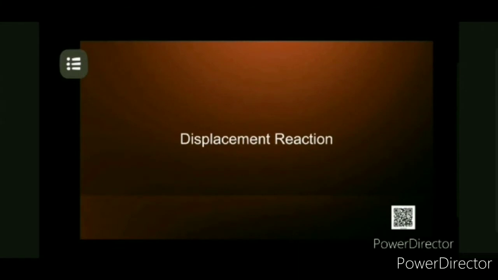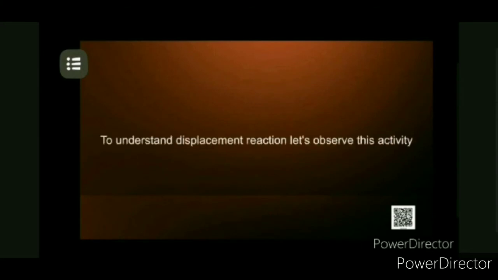Students, now we will discuss displacement reaction. To understand a displacement reaction, let us perform this activity.